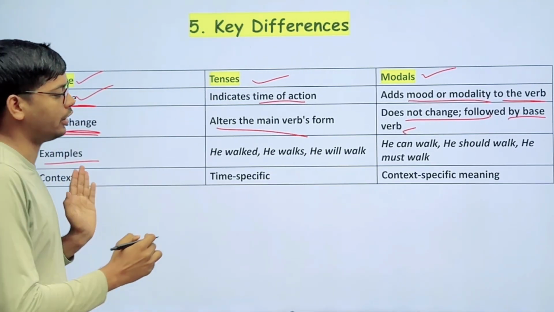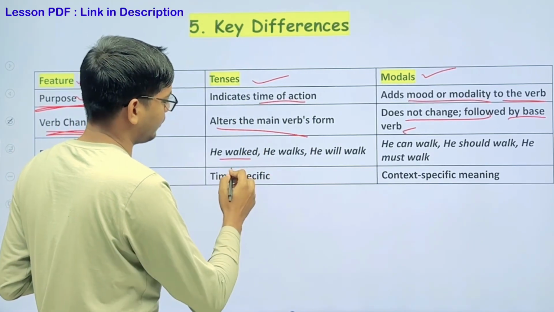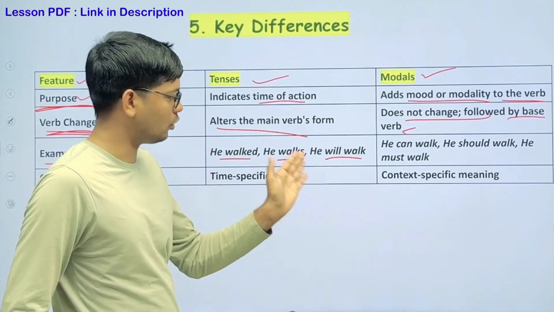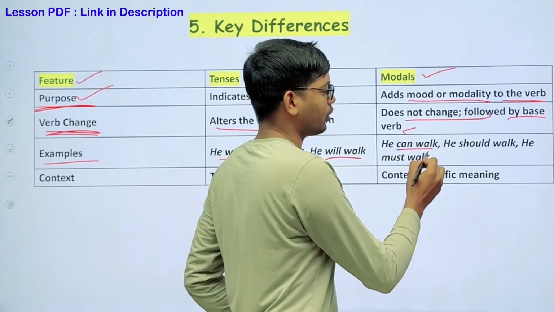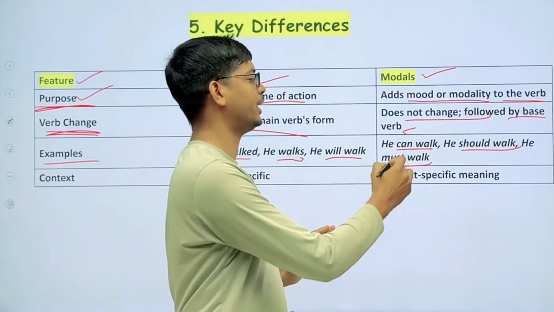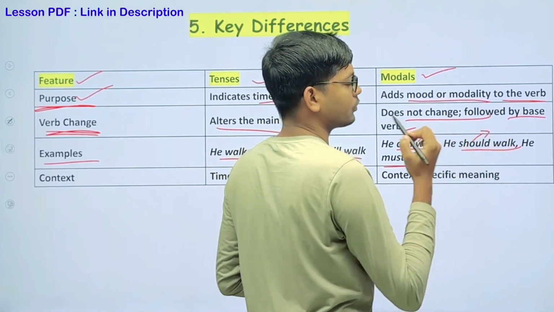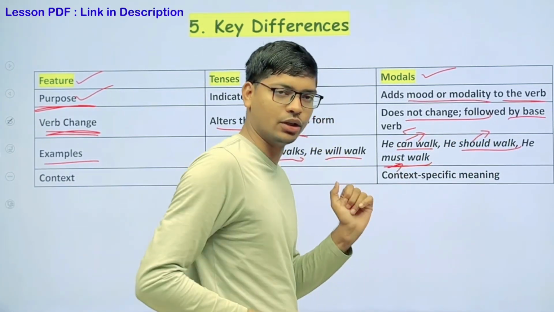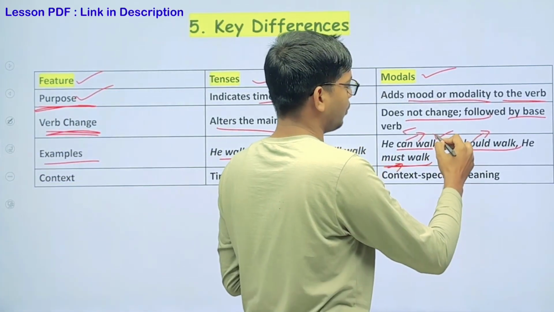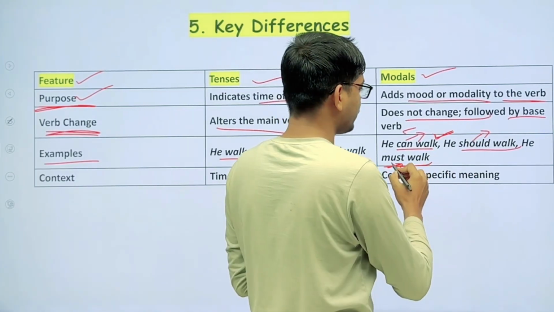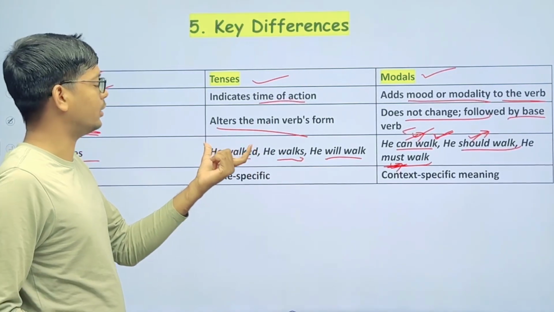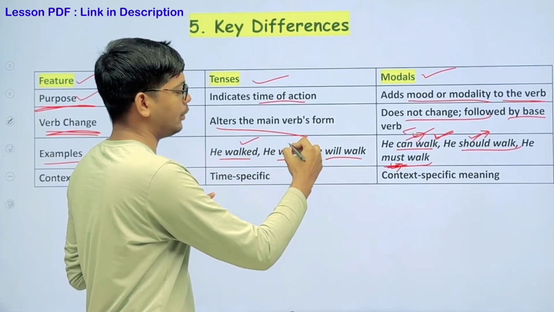For example, tenses: he walked, past simple tense; he walks, present simple tense; he will walk, future simple tense. Next, modals: he can walk, he should walk, he must walk. Can walk shows ability, should walk shows advice, and must walk shows necessity. So modals focus on mood, possibility, or necessity, but tenses focus on time: past, present, and future.